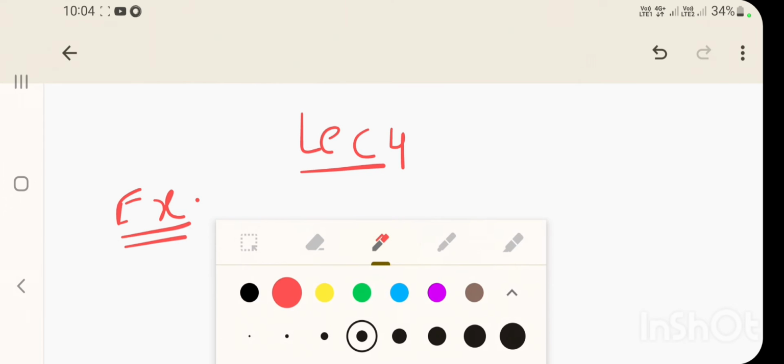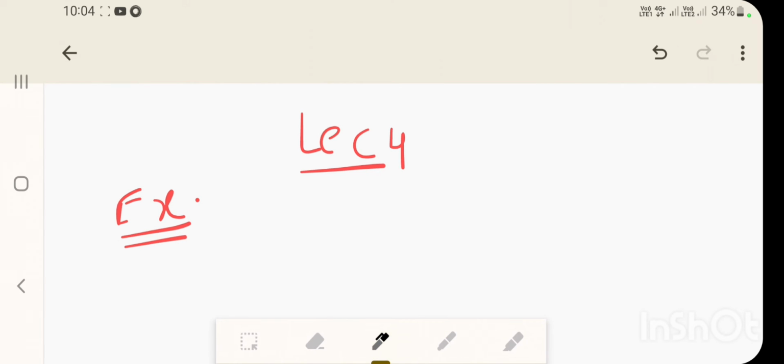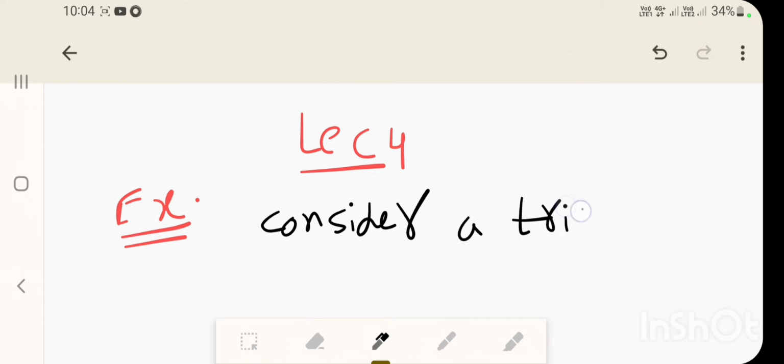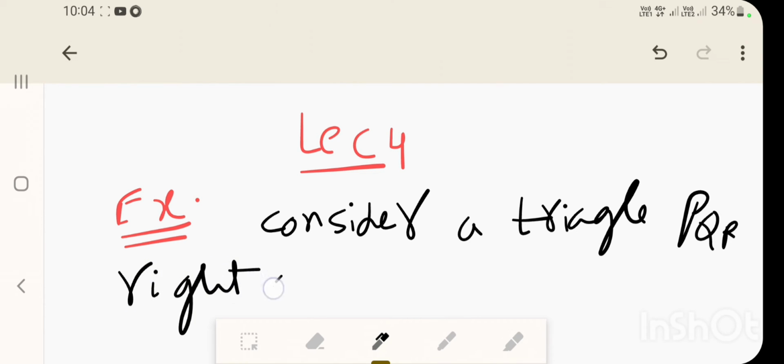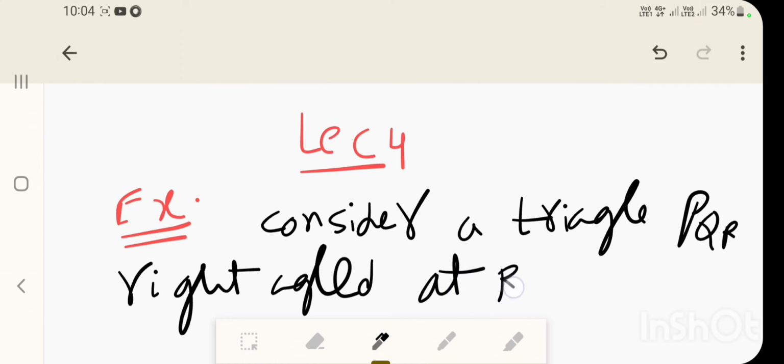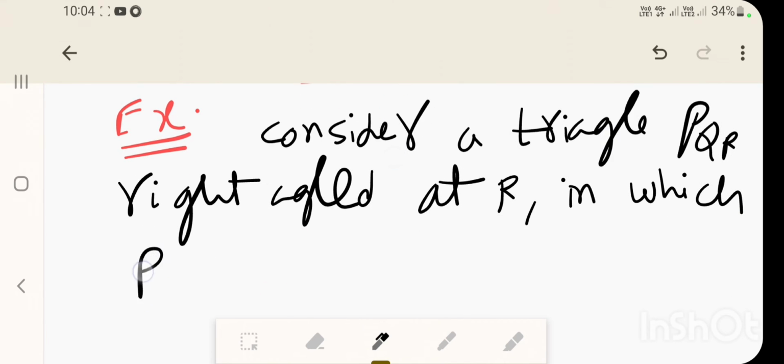I will first write the problem they have asked. Consider a triangle PQR, right angled at R, in which they have given the lengths PQ equal to 29 units.